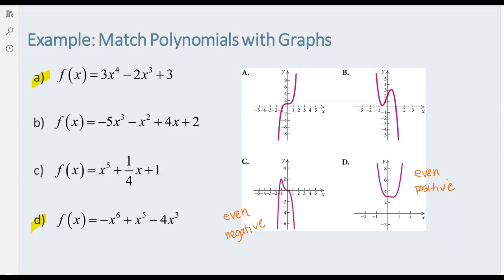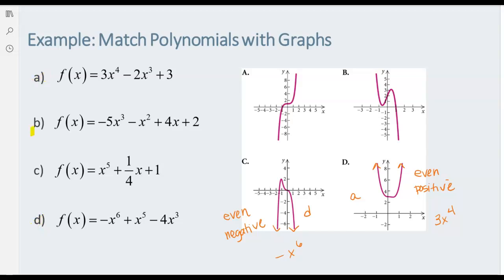I know that it's an even power because both of the endpoints are facing in the same direction. So looking at the two that I've highlighted, I think that this one is going to be letter D, and this one is going to be letter A. Right? So this is the one that's 3x to the 4th, and this one is negative x to the 6th.